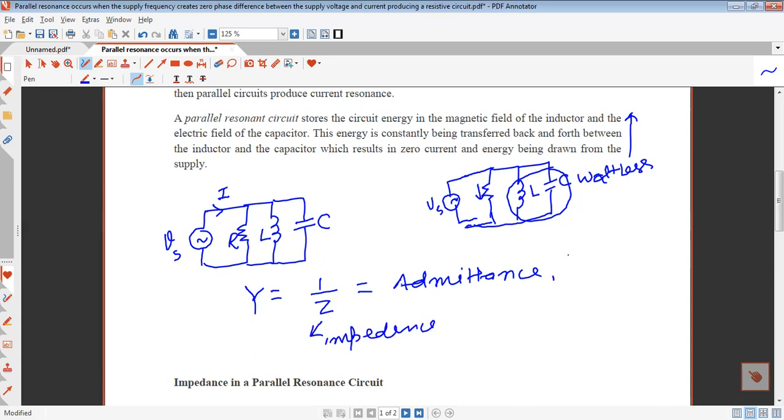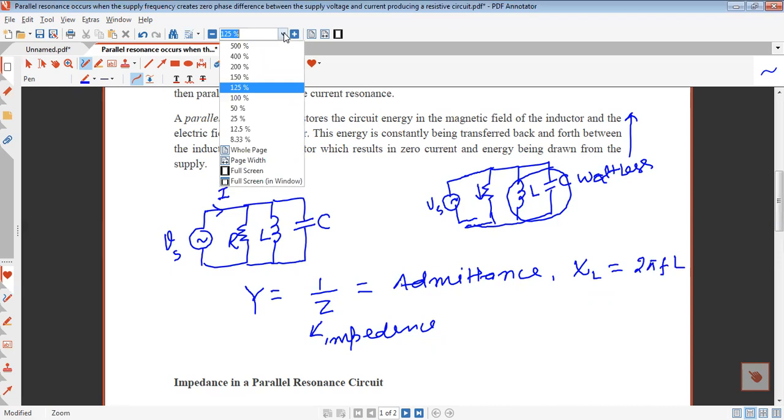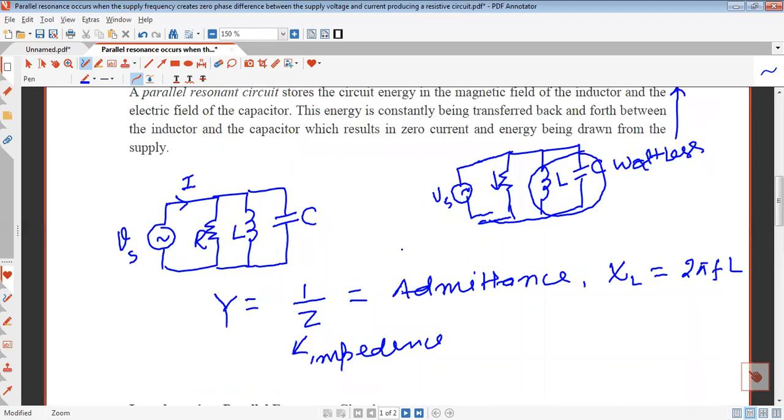In the same way, XL is written as 2 pi f into L, and 1 by XL, with J also, will be 1 by J 2 pi f into L.